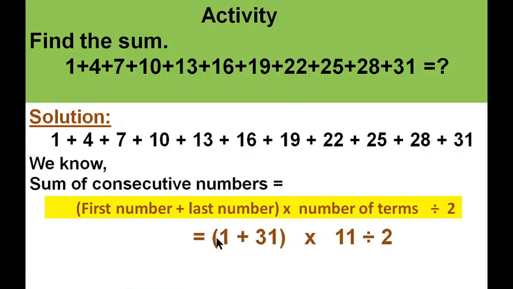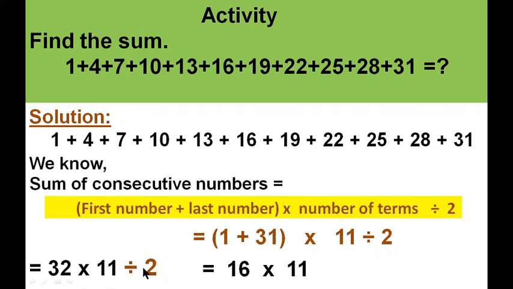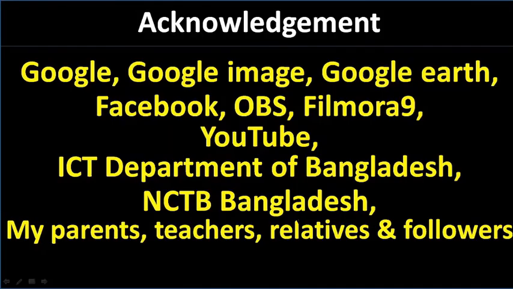So what will be the first number here? 1, and the last number is 16. If we add, we get 17, and then multiplied by 6 divided by 2. It is easy to divide, and we can get 51.